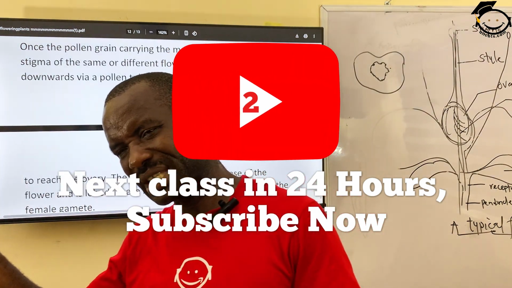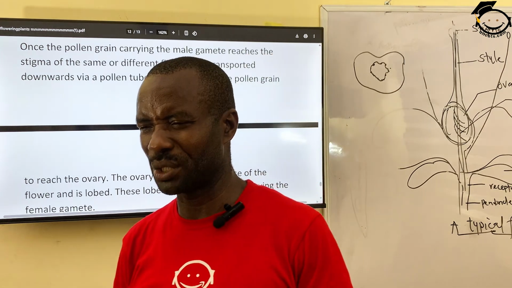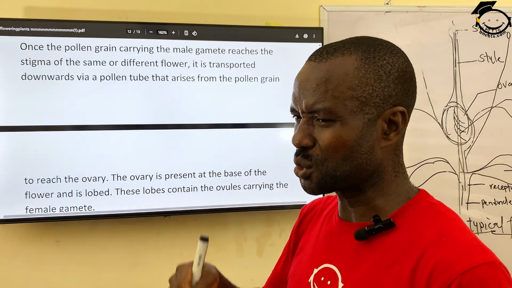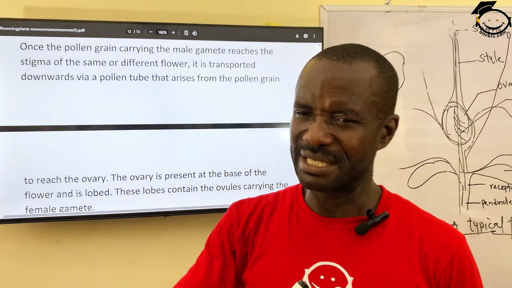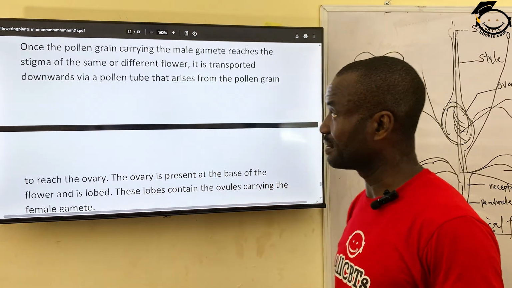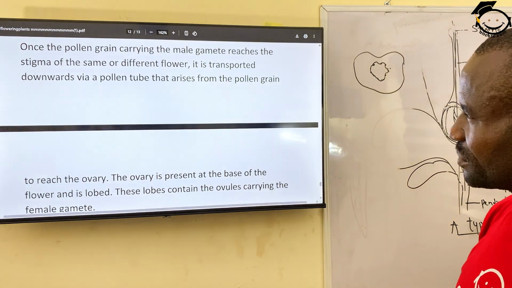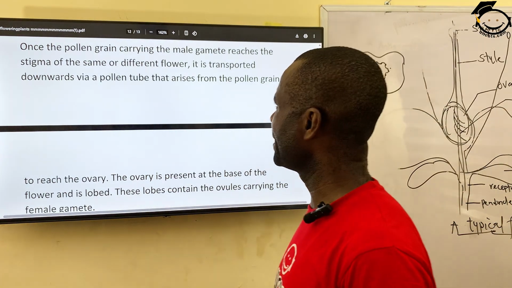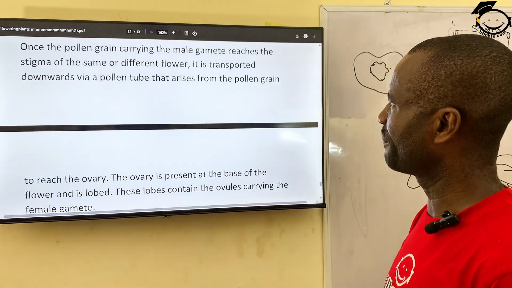When it goes from one flower to another, we call it cross-pollination. But when it is the transfer from the anther to the stigma of the same flower, it is known as self-pollination.